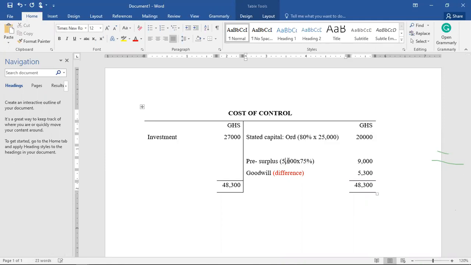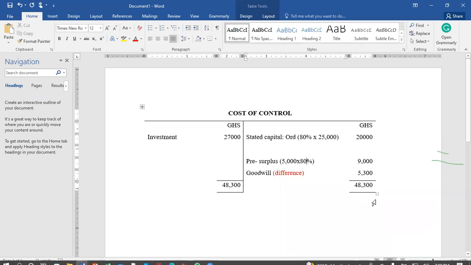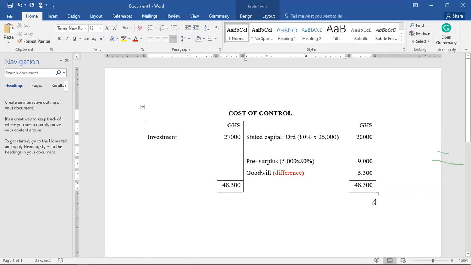So the pre-acquisition surplus is 5,000. In the same way, 80% of the 5,000, how much will we get? We are getting 4,000.